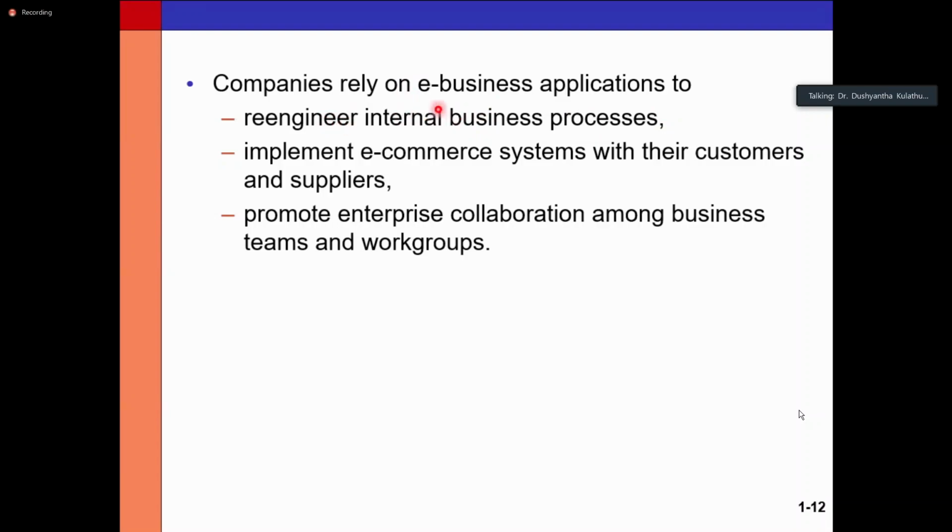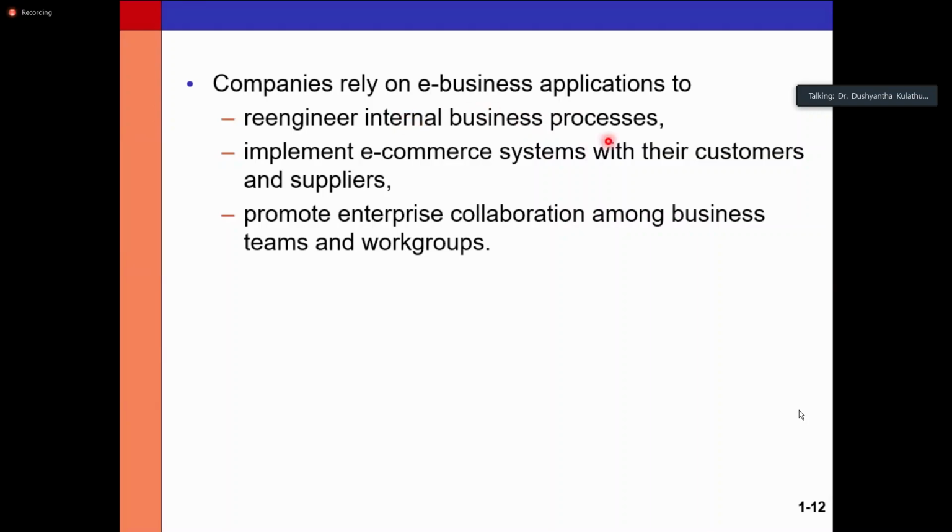So we may radically redesign existing business processes in order to achieve, for example, cost reductions, or in order to increase the amount of output that we produce.